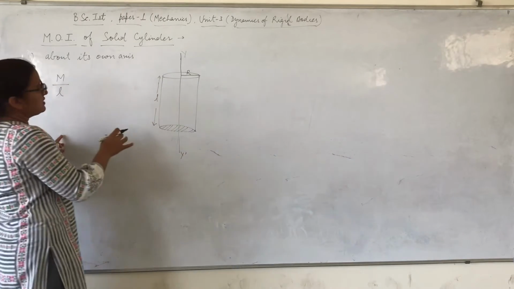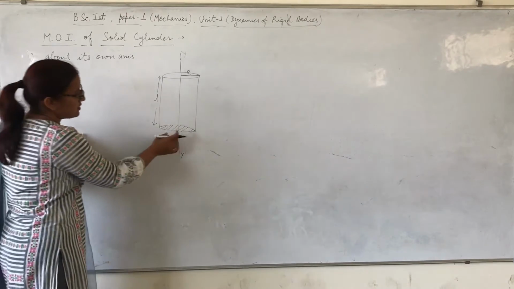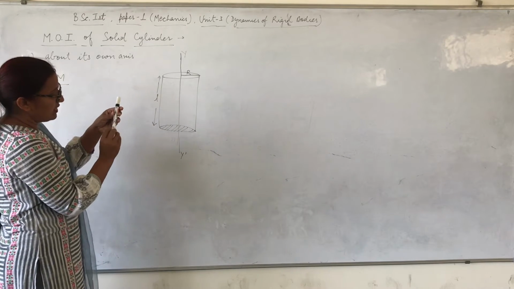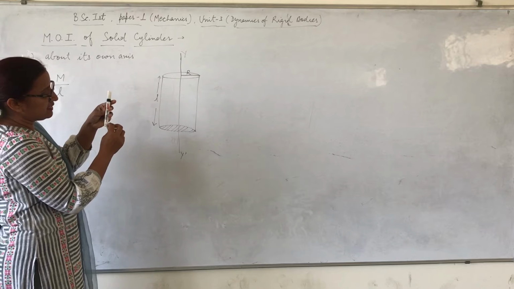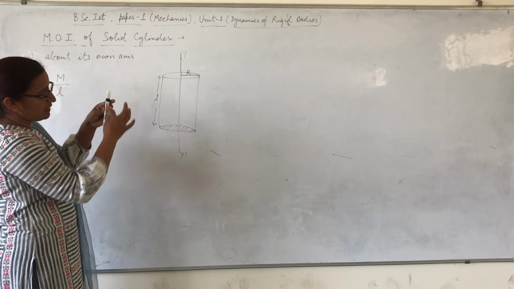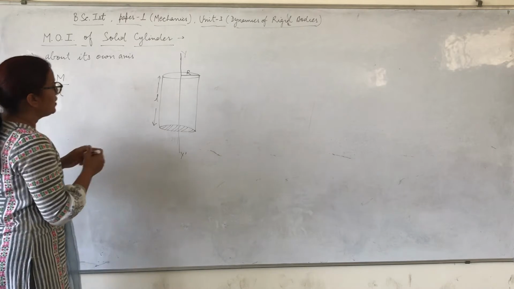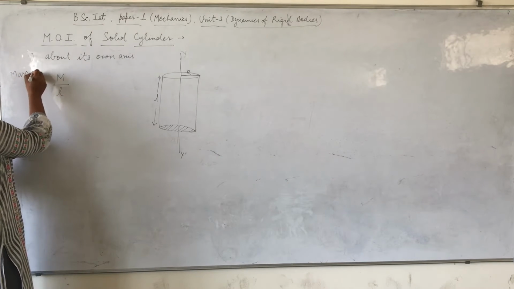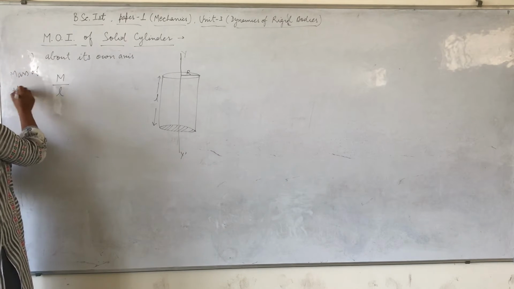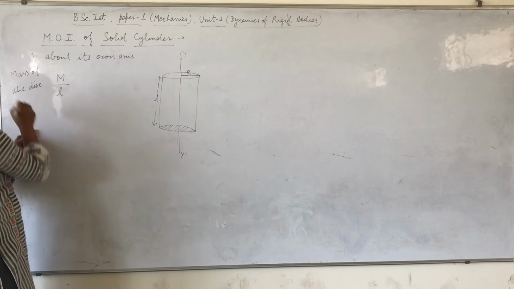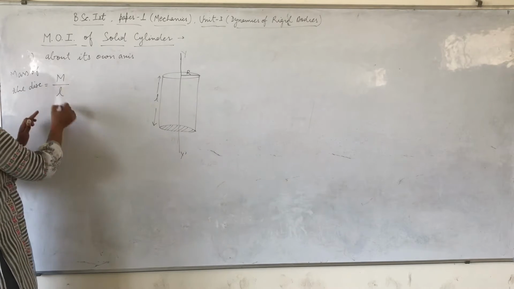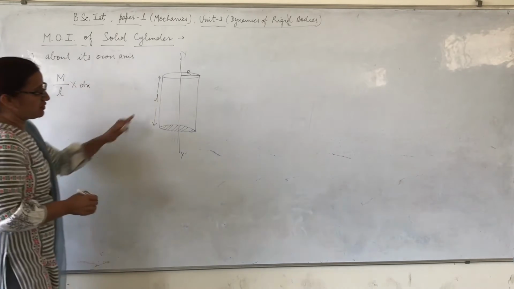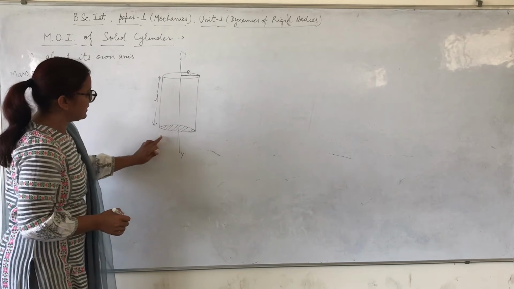Let us assume that this elementary disc is very small, so it takes the thickness dx over the length L. So the mass of the elementary disc will be mass per unit length into dx, that is the thickness of this circular disc.